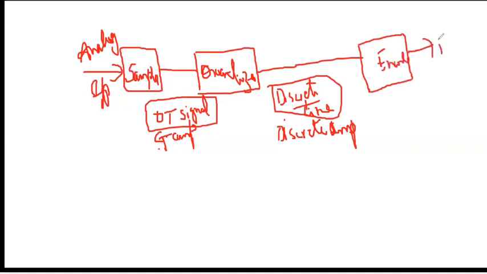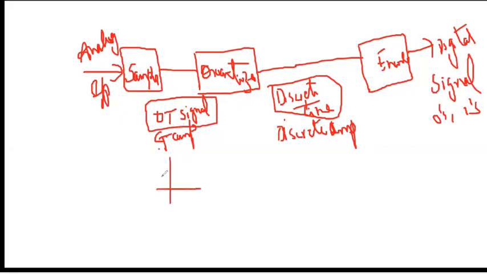The signal is given to the encoder, and the output is a digital signal with zeros and ones. Analog input is given to the sampler, and the sampler gives a discrete time signal with a continuous amplitude. The characteristic shows that the amplitude is continuous and the time is discrete.